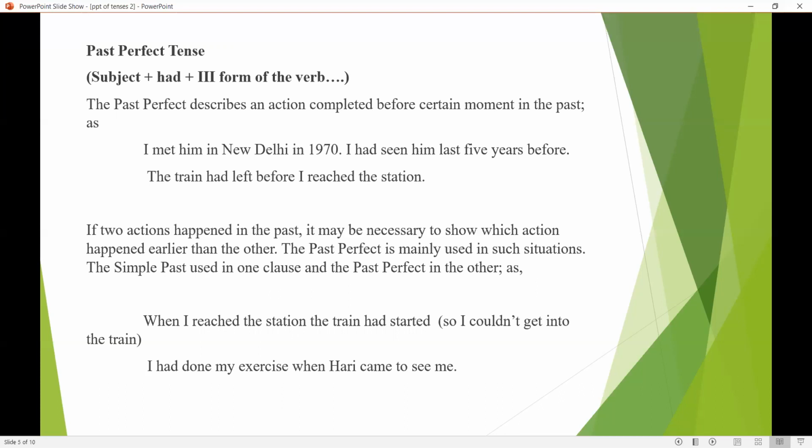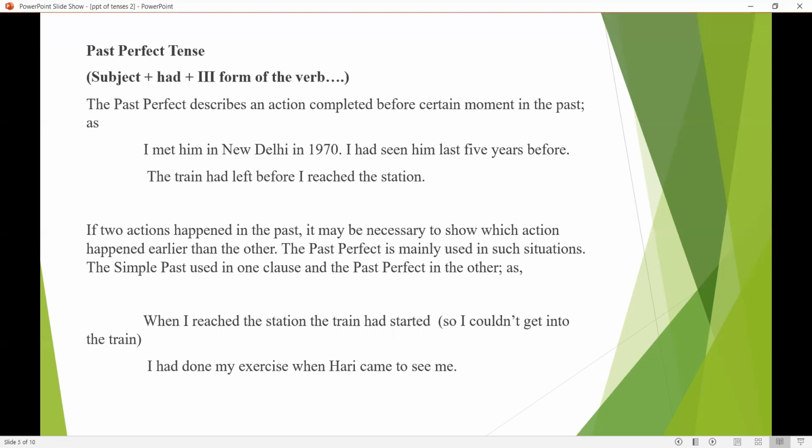So the outcome is obviously I couldn't get into the train. Can you make out the difference? Yes. In the next example, I had done my exercise when Hari came to see me. I had done my exercise. The action was over when Hari came to see me.